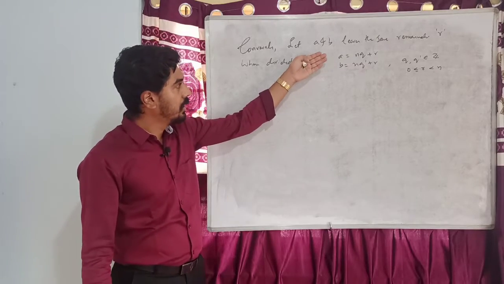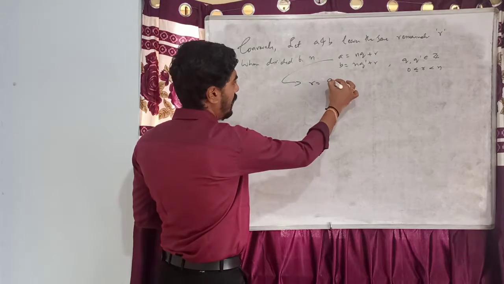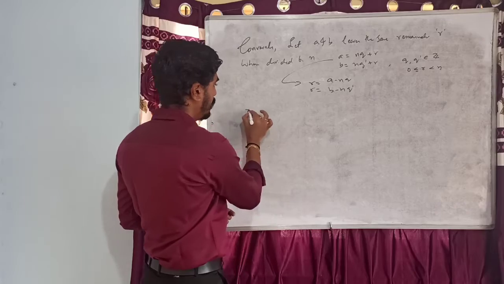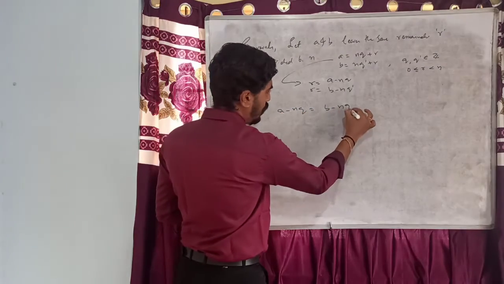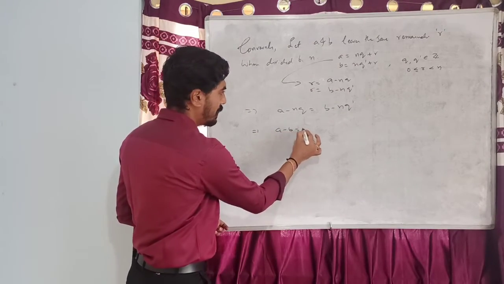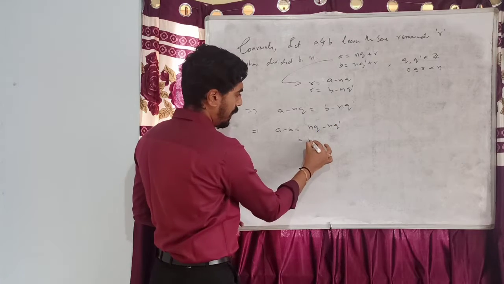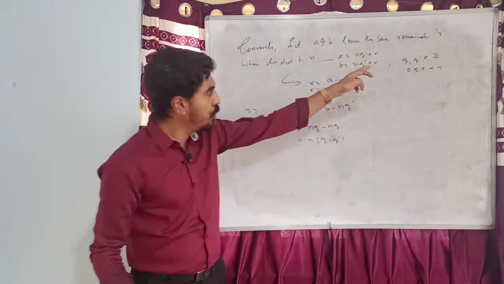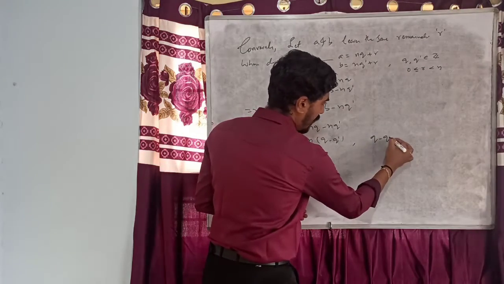If I solve this, I have R is equal to A minus NQ and R is equal to B minus NQ dash, so that A minus NQ is the same as B minus NQ dash. So I get A minus B is the same as NQ minus NQ dash, or N into Q minus Q dash. Since Q and Q dash are integers, Q minus Q dash is also an integer.